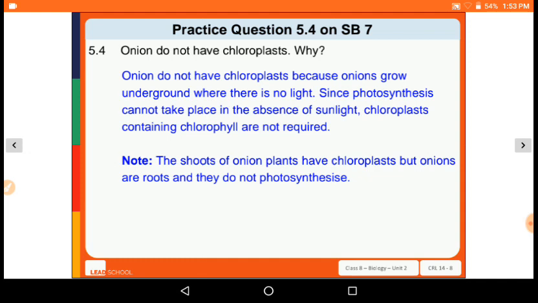So chloroplast containing chlorophyll is not required. The shoots of onion plants have chloroplasts, but onions are not roots and they do not photosynthesize.